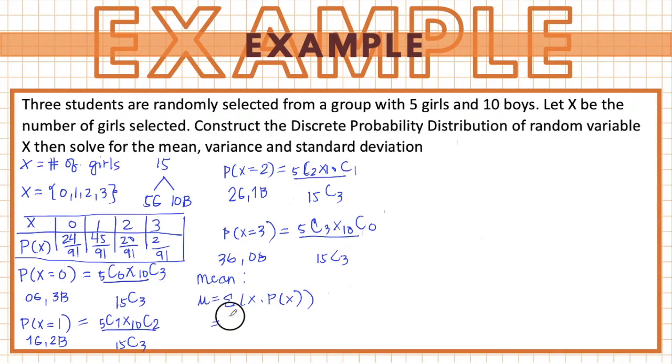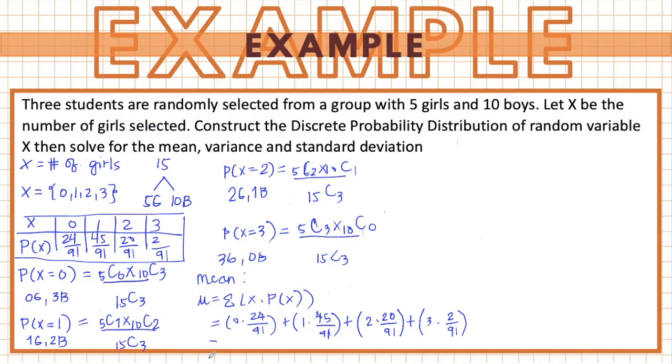So this will be equal to 0 times 24 over 91 plus 1 times 45 over 91 plus 2 times 20 over 91 plus 3 times 2 over 91.